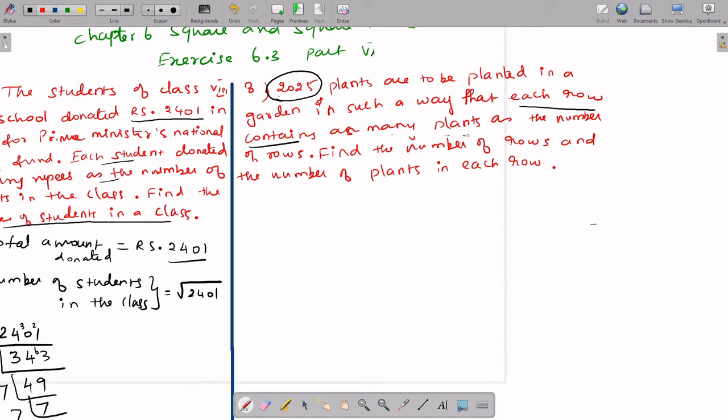Suppose each row has 25 plants, then the number of rows is also 25.